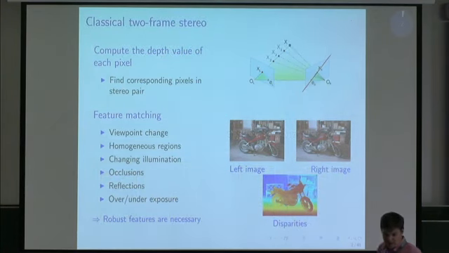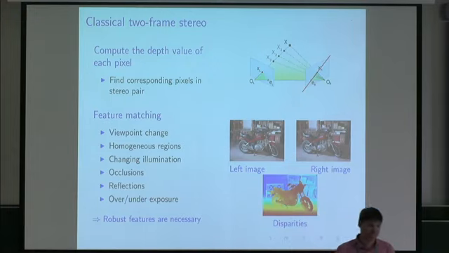So let us consider a very classical problem in computer vision, which is 2-frame stereo. If you have calibrated, rectified images, it's well known that the disparity, and therefore the depth in the scene, can be computed by finding corresponding pixel locations.